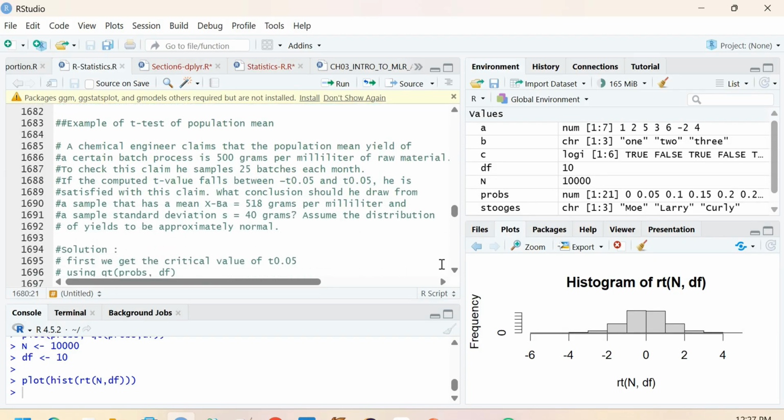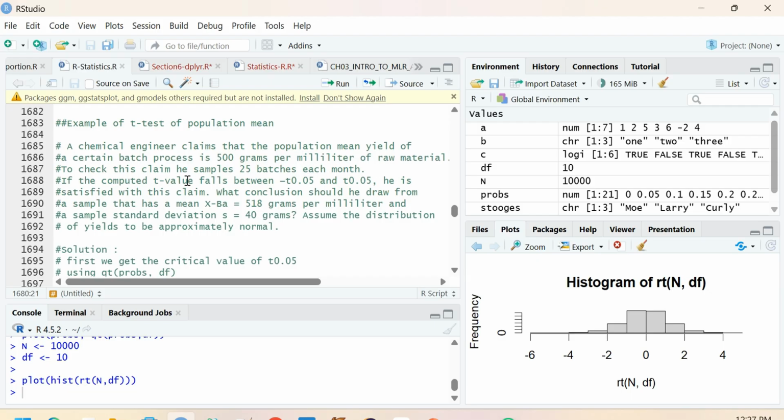So now we will take a look at an example using t-test. A chemical engineer claims that the population mean yield of a certain batch process is 500 grams per milliliter of raw material.